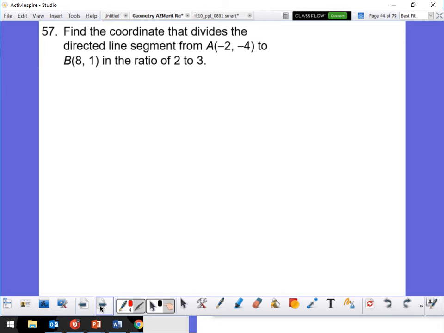Okay, so let's start with my x's. How far is it from there to there? I want a piece to have 2 and a piece over here to have 3. So how many pieces is there total? 8. And I want a ratio of 2 to 3, so that would give me 2 of that.